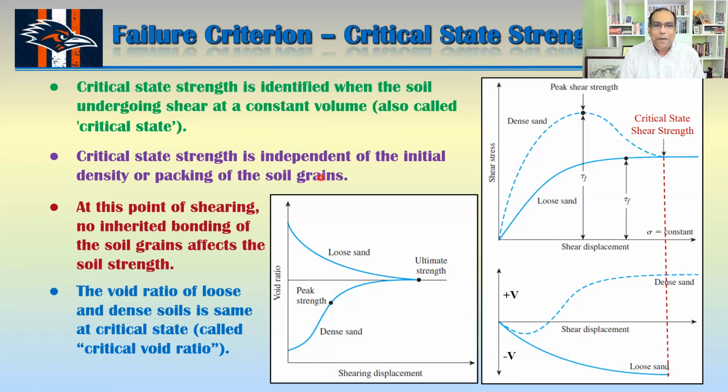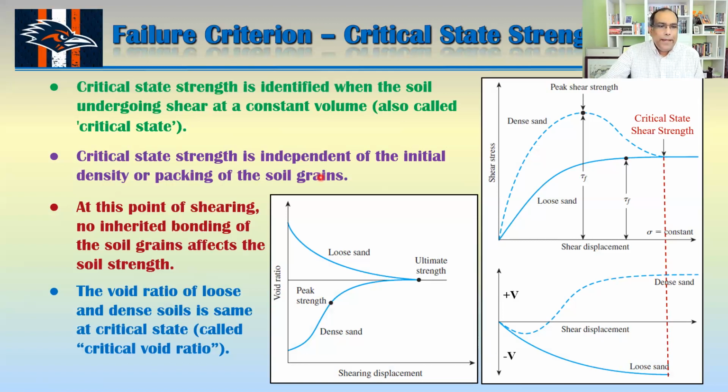Okay. At the point of shearing, no inherited bonding of the soil grains affects the soil strength. So basically remolded soil will provide a very similar shear strength to the soil collected directly from the field.